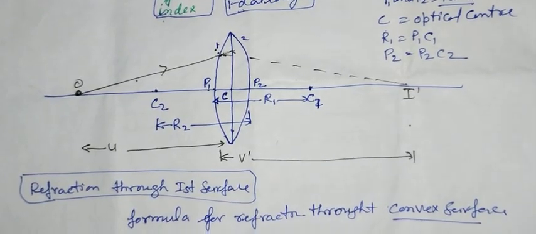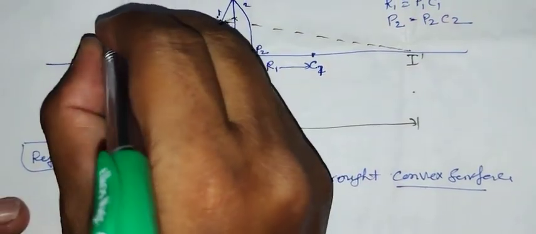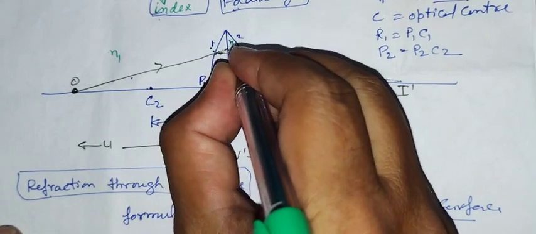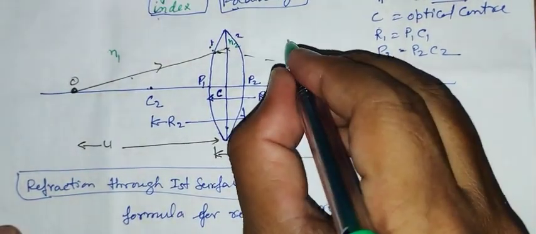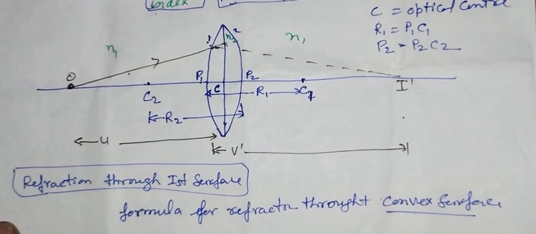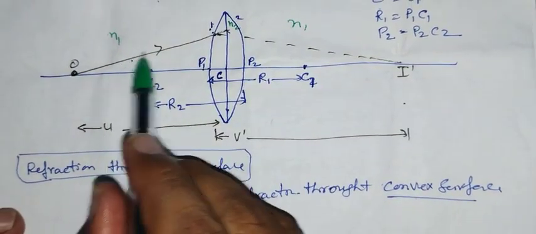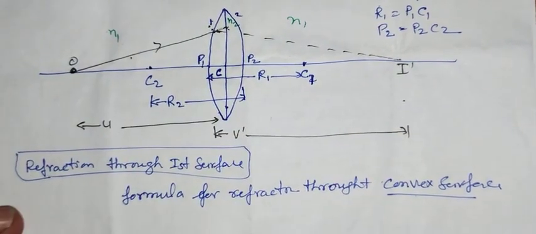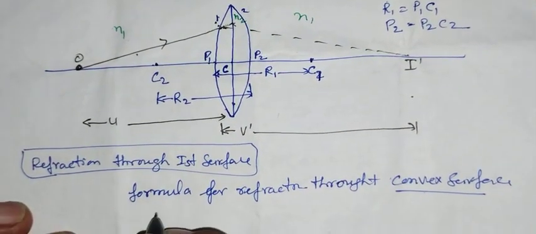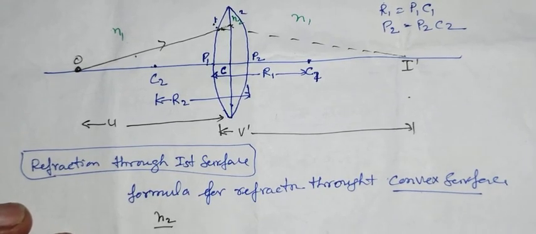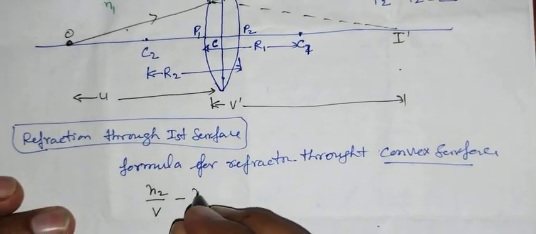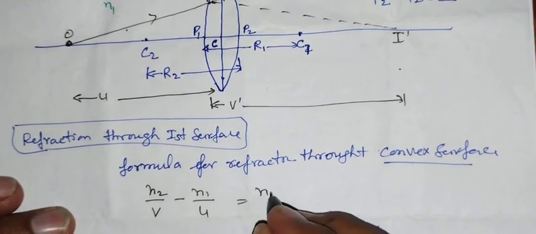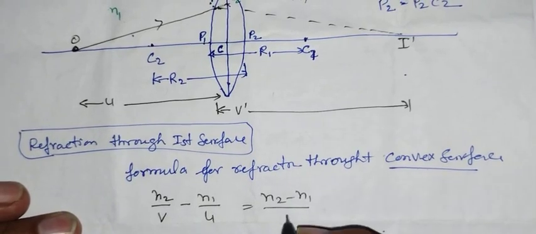In this case, one more thing is required to consider. Let N1 be the refractive index of the medium here, N2 of the lens, and N1 again here. So refraction takes place when the ray of light travels from N1 to N2. Then we know the well known formula: N2 upon v minus N1 upon u is equal to N2 minus N1 by R.